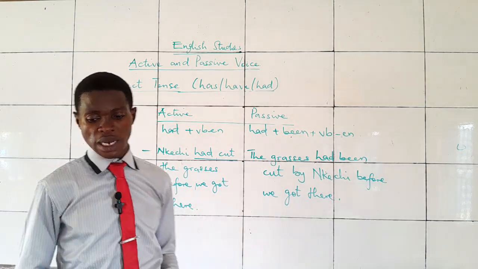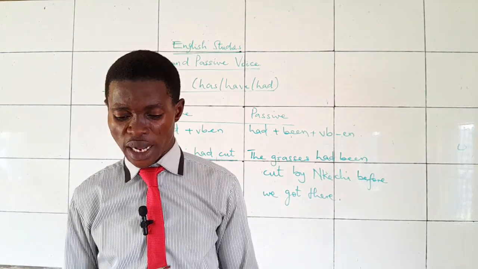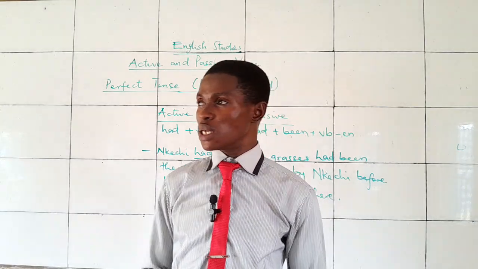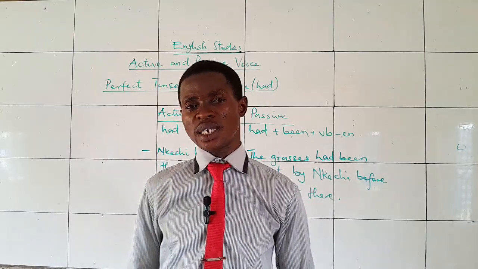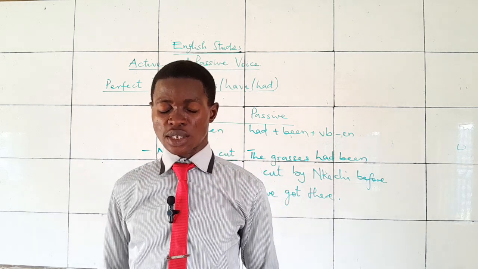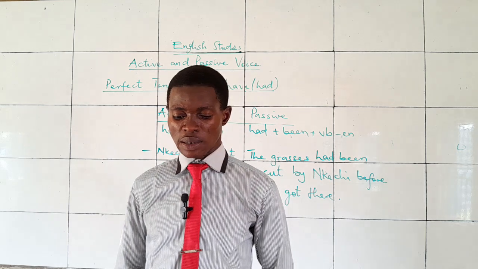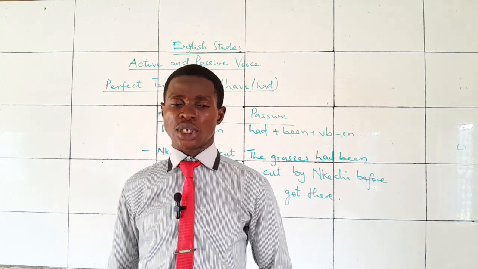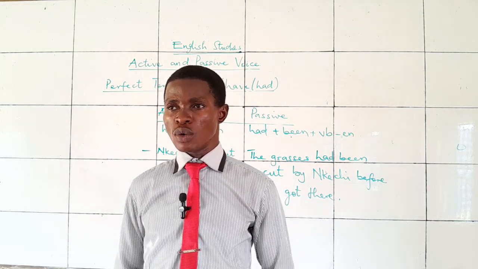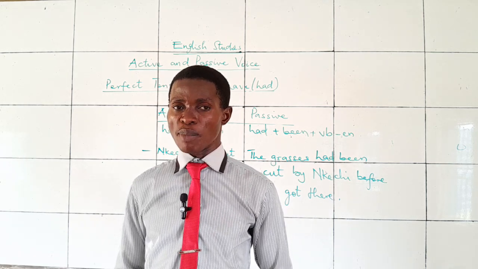Before we go today, let's have the following questions, please. Question number 1. Try to write down the following questions, please. The instruction for this is: convert these sentences from passive to active. Number 1. The boy was punished by the teacher. That is number 1.